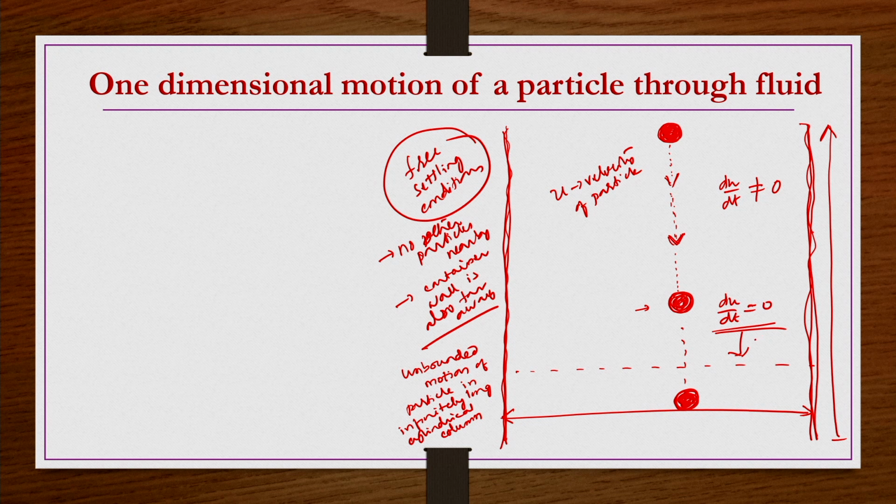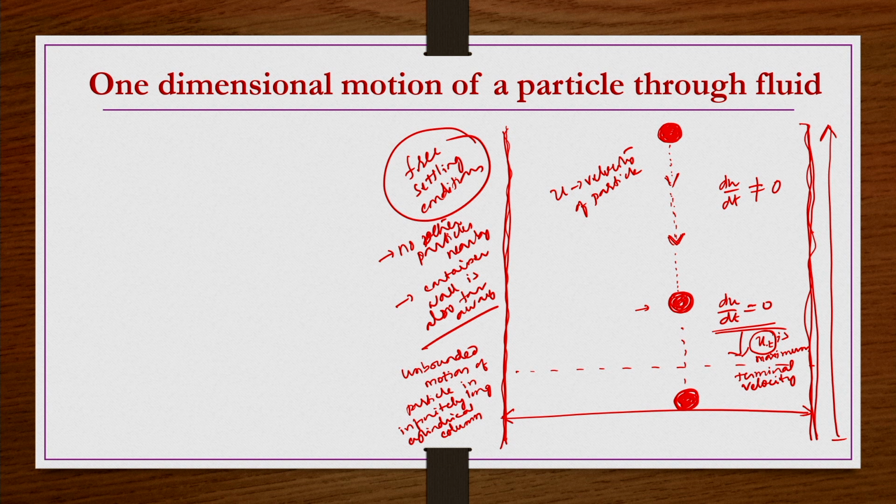So du by dt is 0, that means u is maximum here, the maximum attainable velocity. Under free settling conditions, that velocity we call ut, or terminal velocity, or free settling velocity.